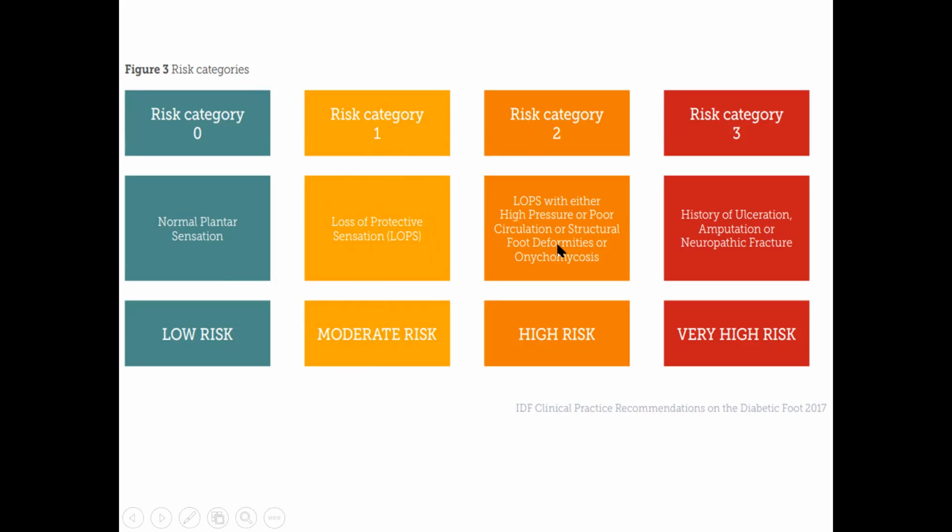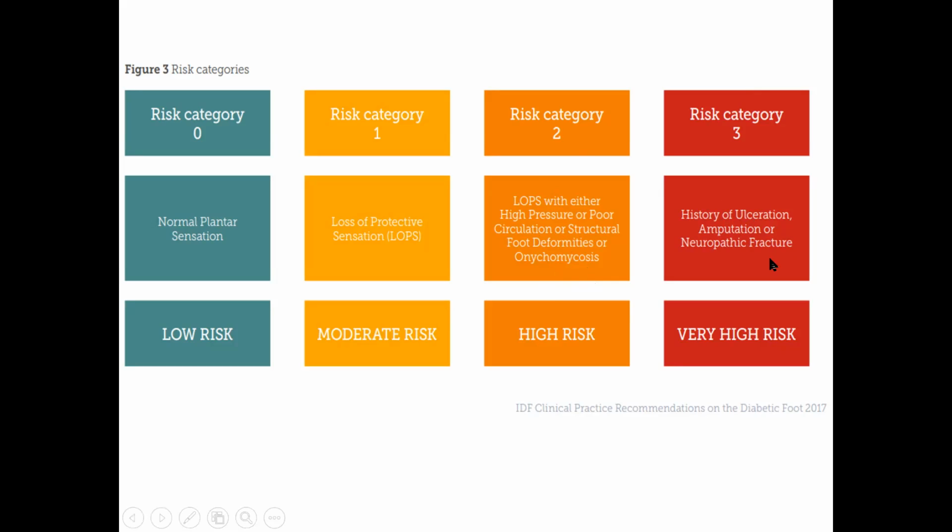Then category 2, there is not only loss of sensation, but also either high pressure or poor circulation or structural deformities in the foot, or there can be fungal infections. So all other types of pathology that I've mentioned earlier can happen here. And now this patient is at high risk of diabetic foot ulcer, and then worsening of the disease.